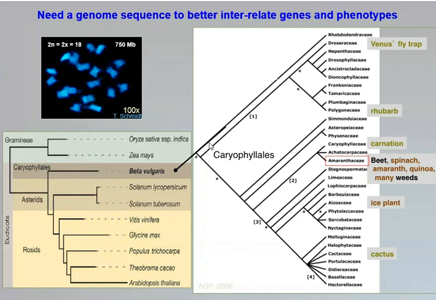So we can follow the Caryophyllales clade in this particular instance and arrive at the Amaranthaceae, which includes beet, spinach, amaranth, quinoa, and many, many weeds. But this whole family, that comprises about 7% of the dicot diversity, is characterized by some very strange critters like Venus flytraps and cacti and ice plant, which is commonly seen on roadsides of California freeways, as well as some other things that you'd recognize.